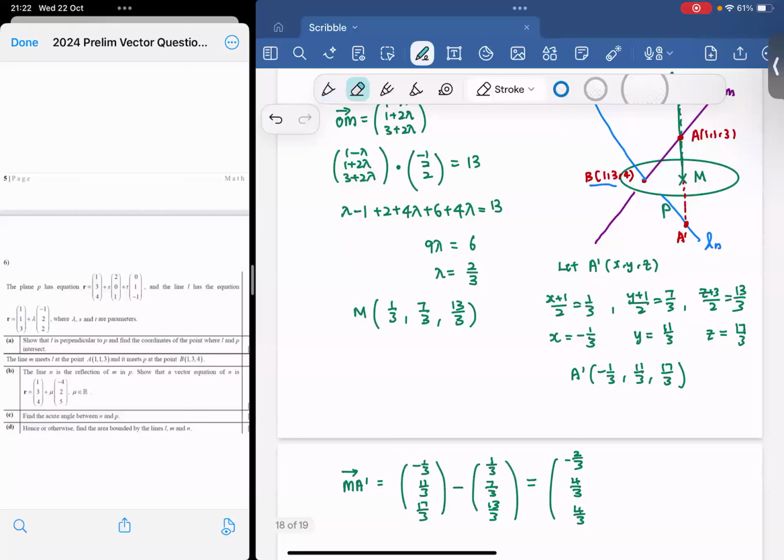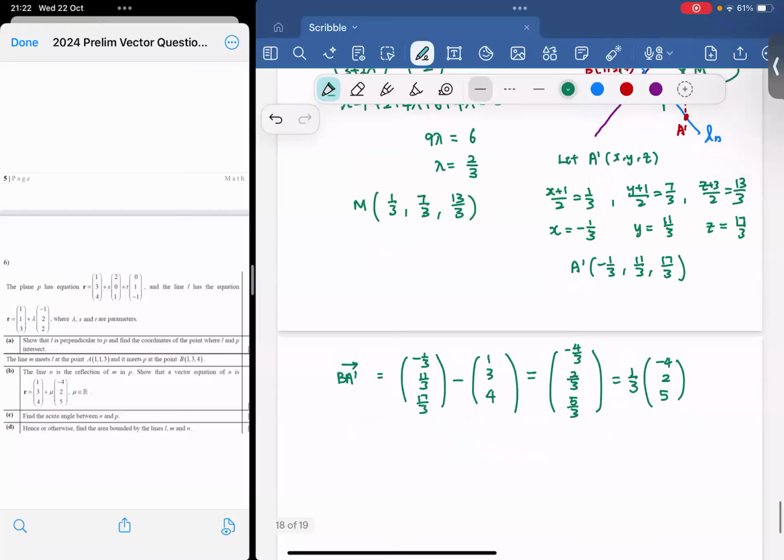Wrong. I should not be finding MA prime; I should be finding BA prime. So this one minus B (1, 3, 4) gives (-4/3, 2/3, 5/3), which we can write as 1/3 (-4, 2, 5).